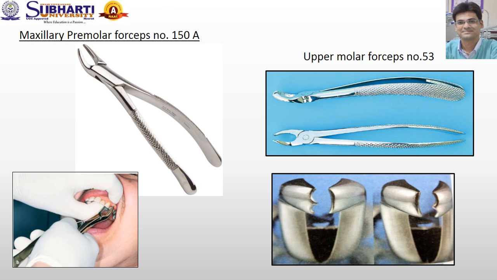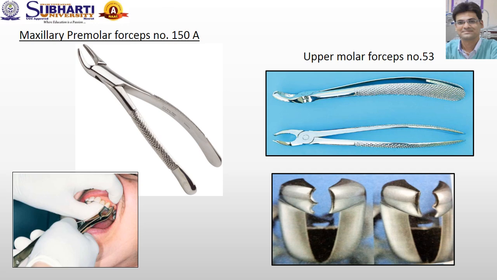The maxillary molar has three roots, two buccal roots and one palatal root. So these instruments have beaks of different shapes. One beak of the instrument is concave and smooth, which adapts on the palatal surface of the tooth, and the other is a pointed beak, which is placed on the furcation area on the buccal side between the two roots.